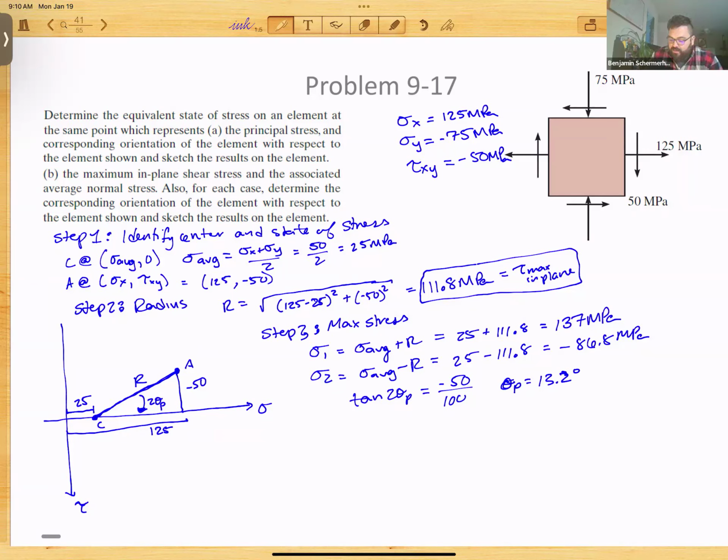This is going to be a clockwise rotation based on what I can see from my circle.